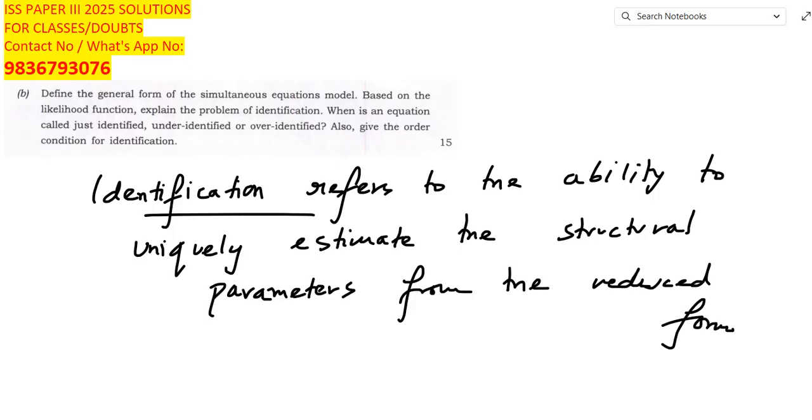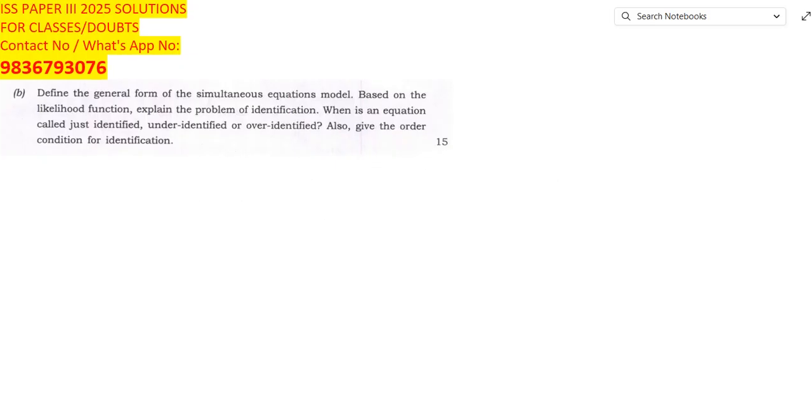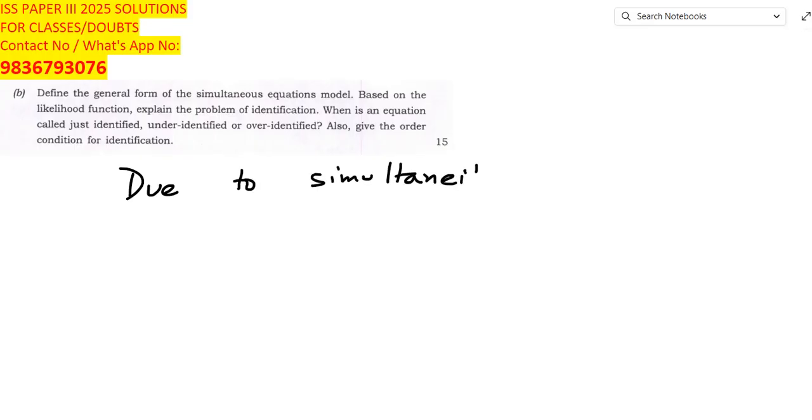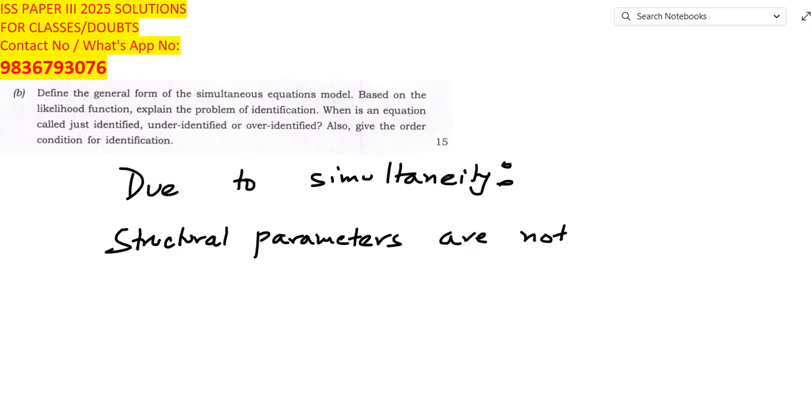So identification means the ability to uniquely estimate the structural parameters from the reduced form. Why? Due to simultaneity, structural parameters are not directly observable.